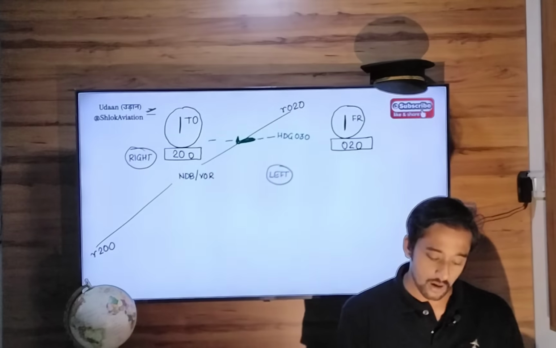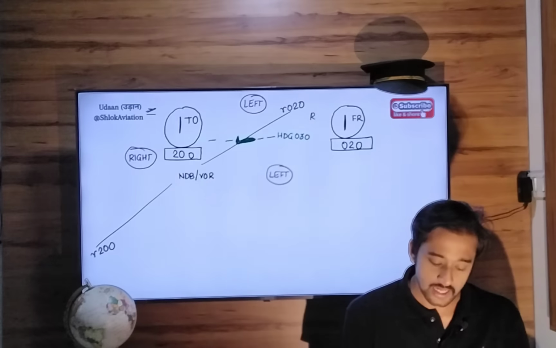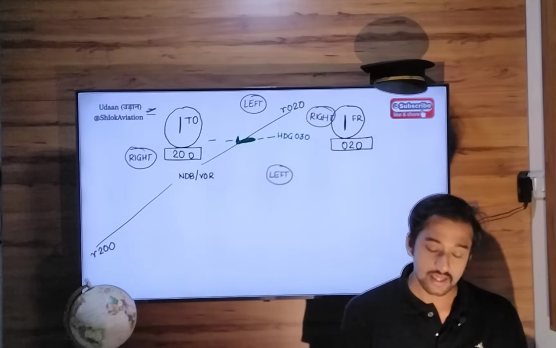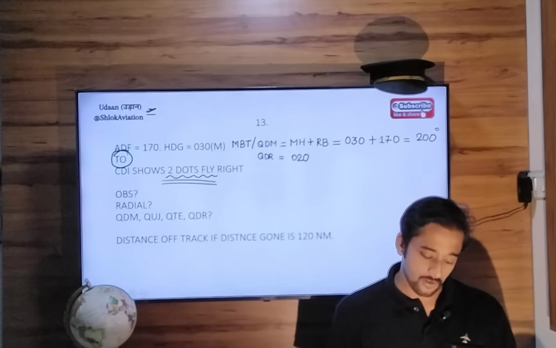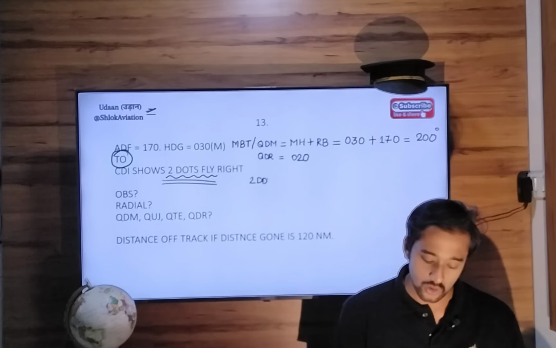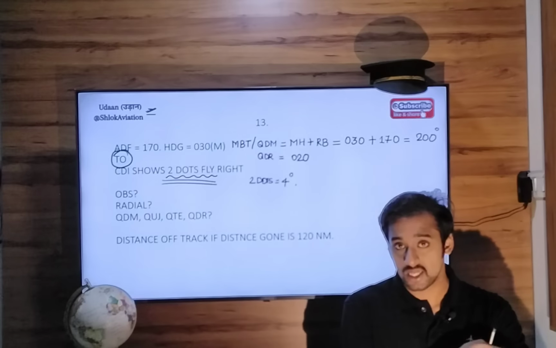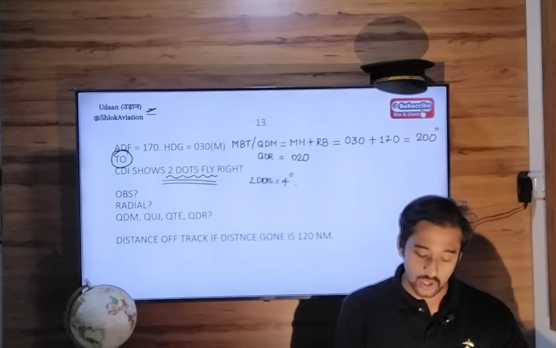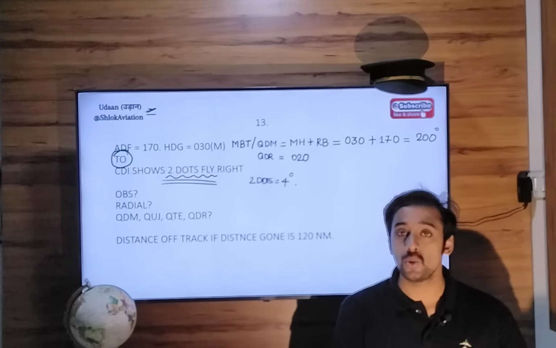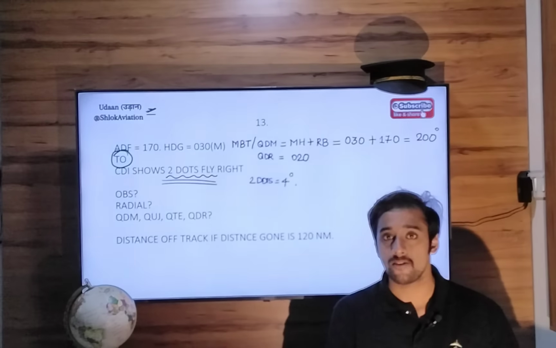If you are going outbound, this becomes your left hand side and this becomes your right hand side. So now in this case, the CDI is telling you to fly two dots right. Two dots is equivalent to 4 degrees. So two dots fly right indication means you are 4 degrees to the left of the OBS setting that you have put.